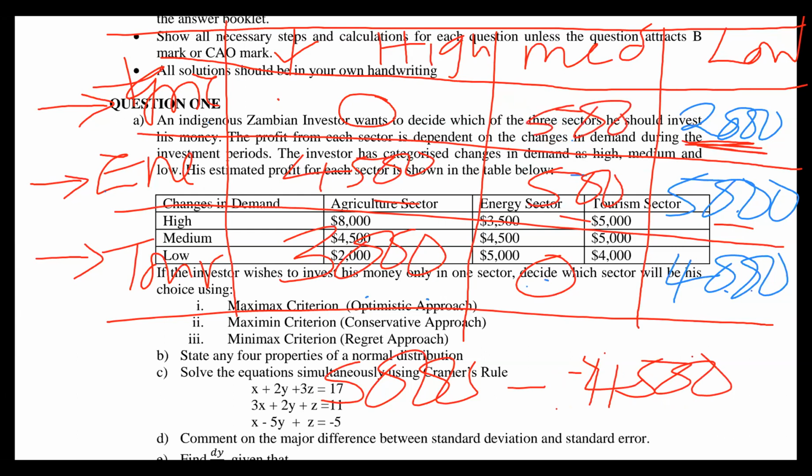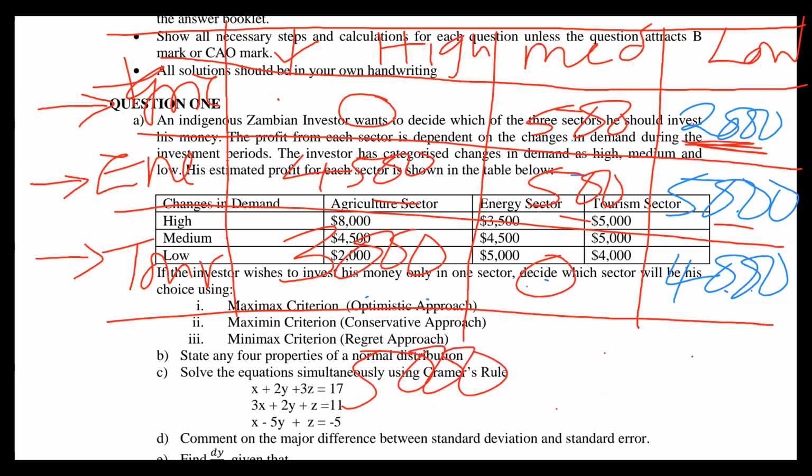Is the question fine on how we come up with the regret table? Yes, sir. I'm okay. Thank you. You're welcome. And we go to the last one, right? What is the highest? The highest is 5,000 as well, right? So it means that investing in energy there are zero regrets.